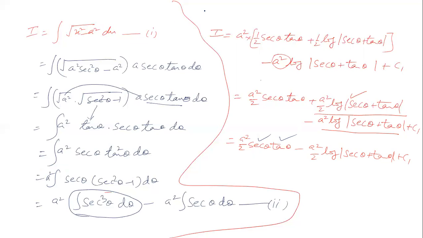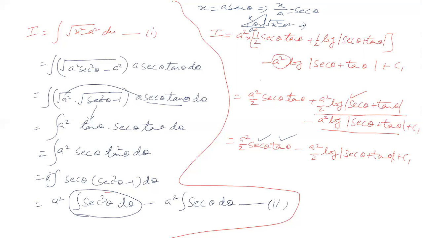We had substituted x equals a sec theta. From here we can find out x upon a equals sec theta. And with the help of a right angle triangle, say this is theta, x upon a is hypotenuse upon base, which is sec theta, and the perpendicular would be square root of x square minus a square.